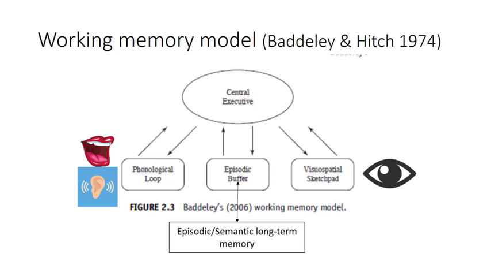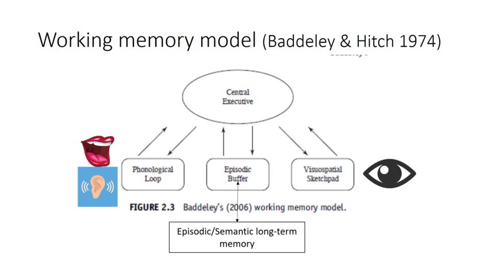Central executive is responsible for organizing and controlling all the information you receive through your senses. Phonological loop is responsible for encoding phonological information, that is the sound of language. Visual spatial sketchpad is responsible for encoding visual and spatial information, such as the shape, color, and location of the stimulus.